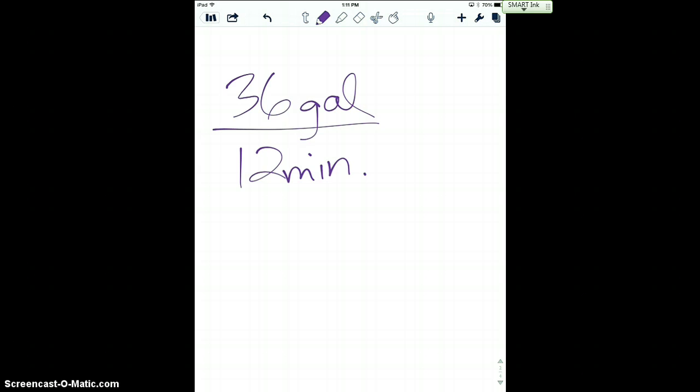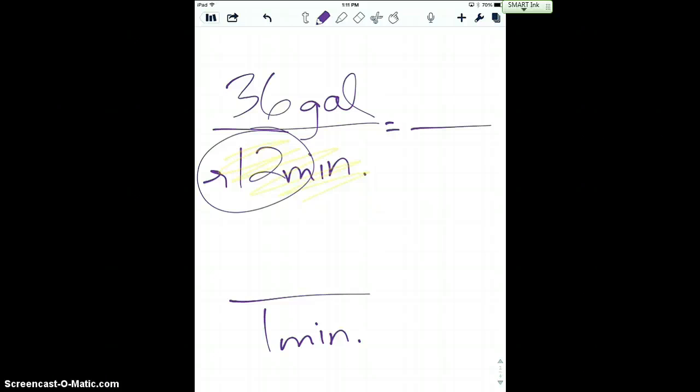The unit rate means I need this number here on the bottom, on the denominator, to be 1 unit, equivalent to 1. So I don't want 12 minutes, I want 1 minute. I want that to be 1. So what would I do to this number to simplify this fraction down to 1 on the denominator and keep it valued the same, an equivalent fraction?